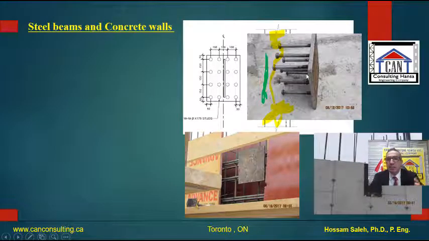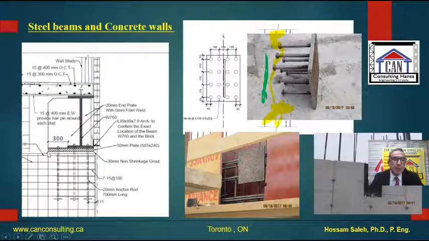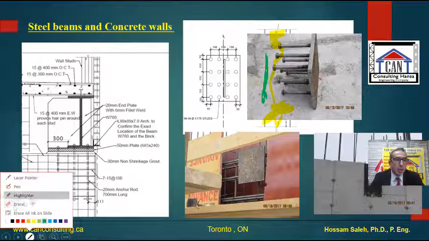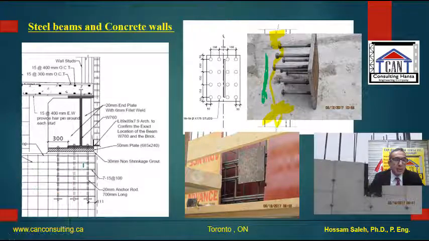It has some limitations based on how much force you have to resist and connect here, and sometimes you can create a bracket, and this here is your bracket. Here's the top of the wall like that, and the wall goes again like that, and in this space you can have your steel beam.